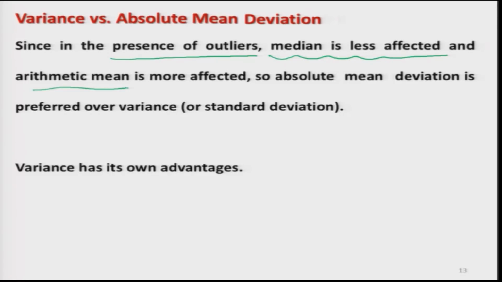So if the data has very high variability, or has extreme observations or outliers, then using the absolute mean deviation is a better option and is preferred over the variance or standard deviation. Whereas variance has its own advantages. For example, if you are working with the statistical tool, then the variance has some nice statistical properties.